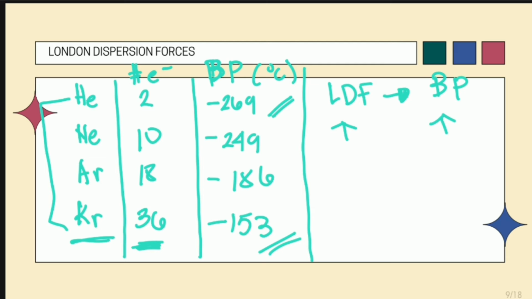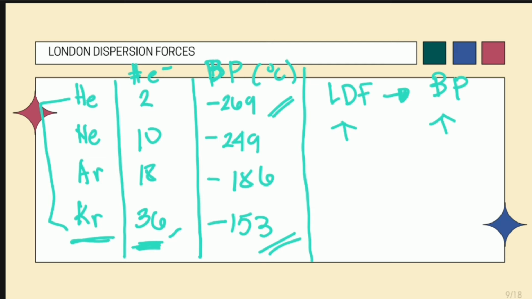So, uulitin ko, kung mas marami yung number of electrons, mas mataas yung LDF. Kung mas marami yung number of electrons, mas greater yung chance ng polarizability, mas malaki yung atom, and greater din yung boiling point or higher yung value ng boiling point of that atom.